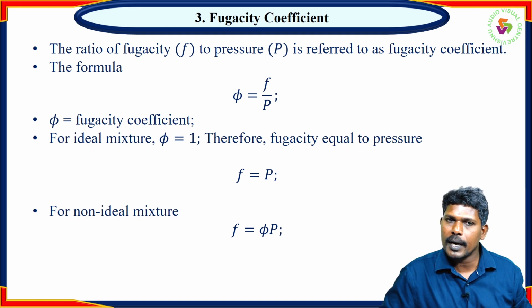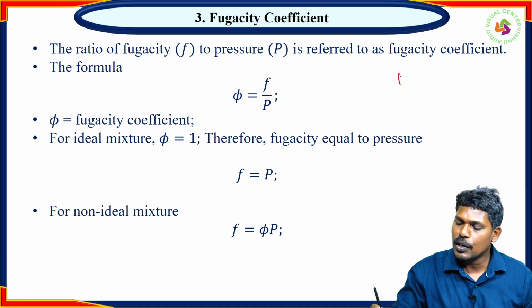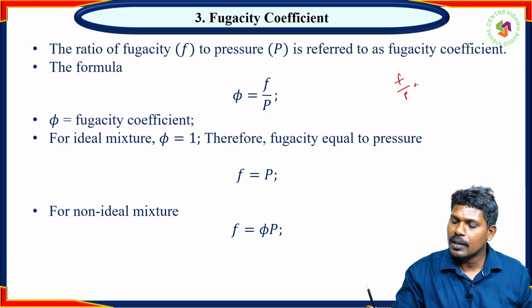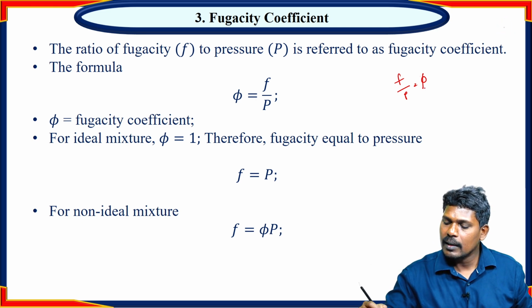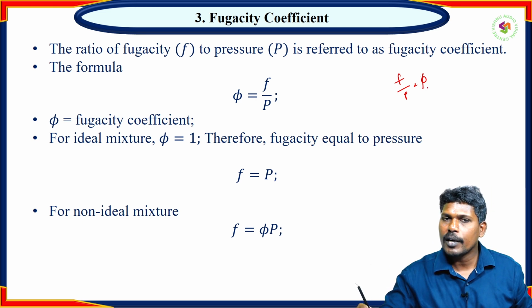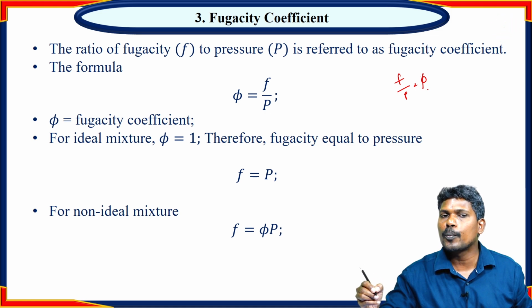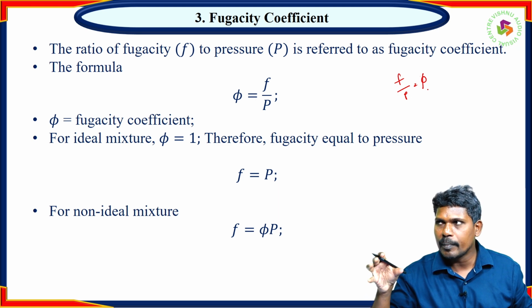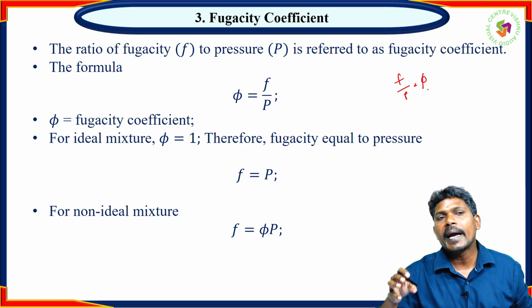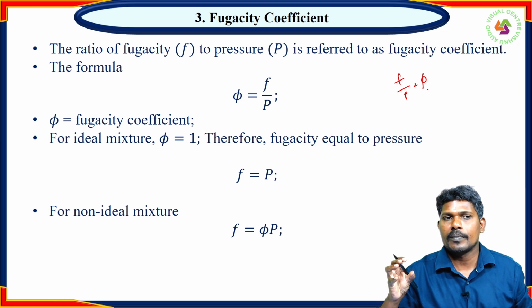The ratio of fugacity and pressure is called the fugacity coefficient, phi. This fugacity coefficient says how much any particular compound in a mixture is deviating from ideal behavior.